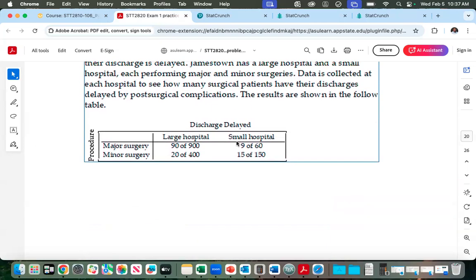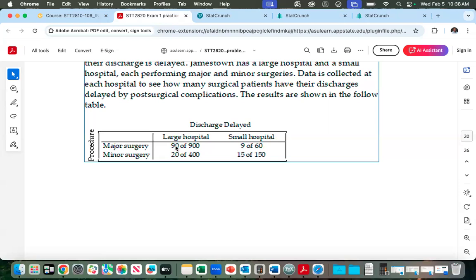So to do that, remember, this thing is looking like what we learned with the Simpson's paradox. Is that okay? So to be able to find the discharge delay for each kind of surgery, remember we have two types of surgeries. We have the major surgery and then the minor surgery. And so the right way to go about it is that how many of the large surgeries we had were delayed?